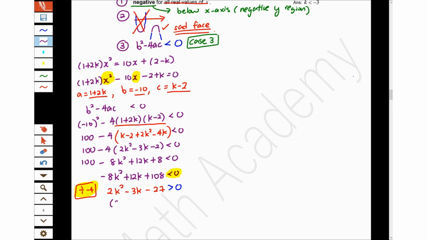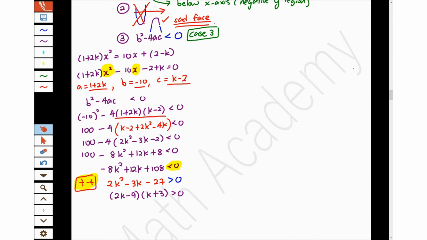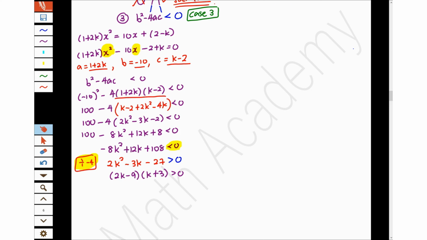You can do your factorization or you can press your calculator. Going forward to the technique now. This is a quadratic inequality, okay? The technique now is to sketch the graph. This is a happy face. So mental calculation, this is -3, and you have 4.5. The question mentioned more than 0.